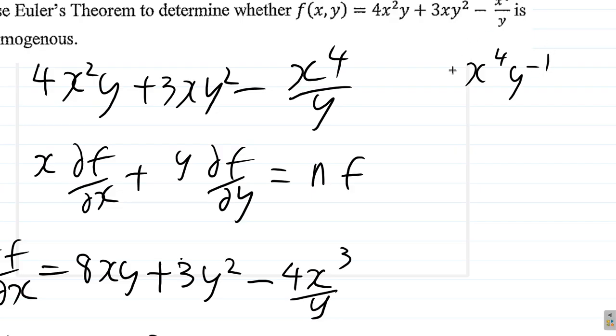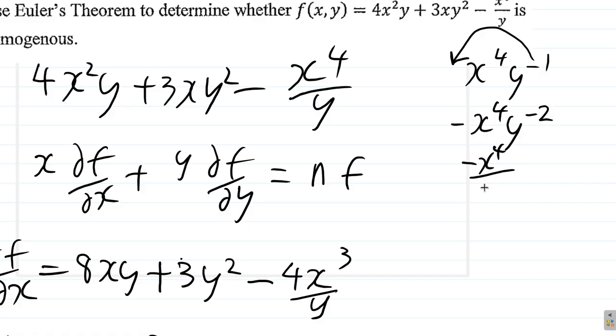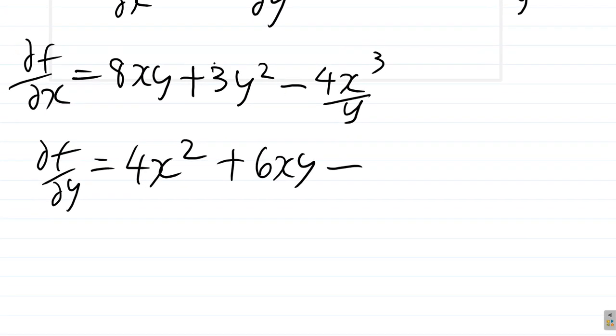By the power rule, you multiply by negative 1, and from the old power the new power is negative 2. So you get negative x to the 4 over y squared.